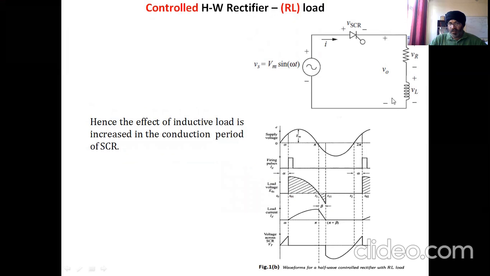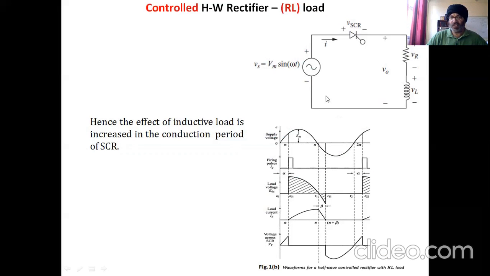And the current was already zero at angle beta. At angle beta, the thyristor turns off, and when the thyristor turns off, no current will flow till the next cycle. So the voltage also continues to be zero after beta till 2 pi, and the current also continues to be zero because of the open circuit of the thyristor till the next cycle.